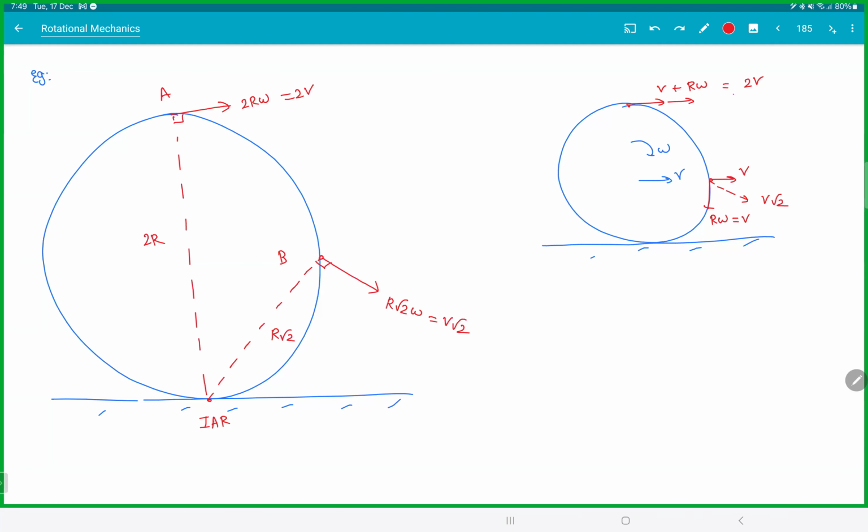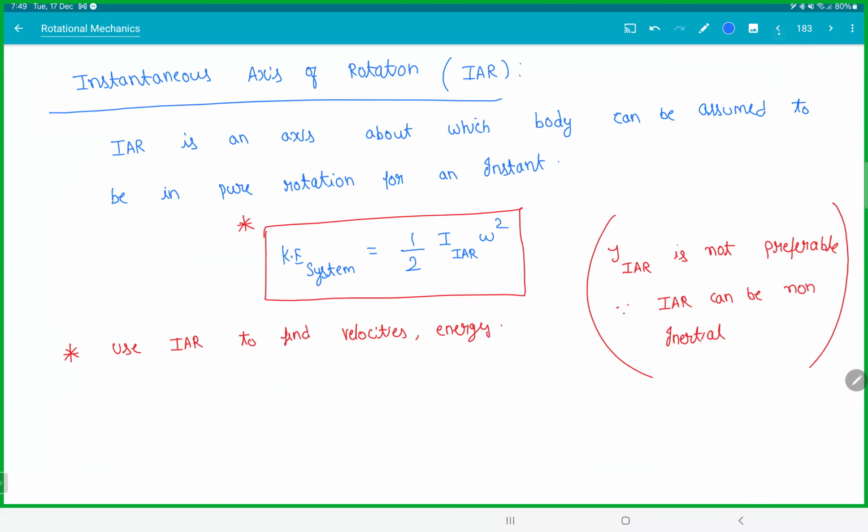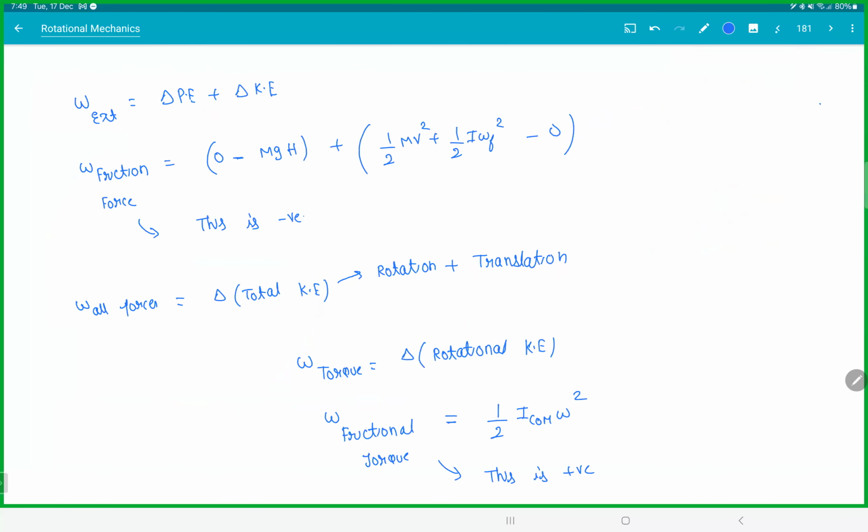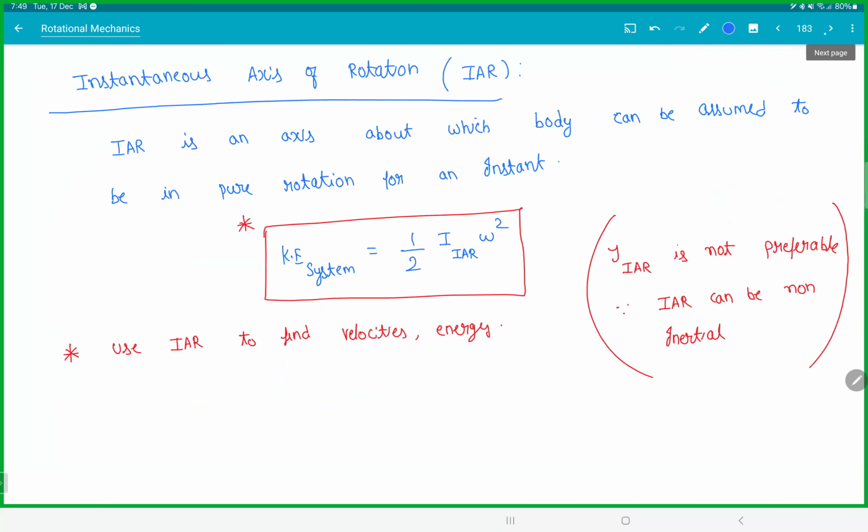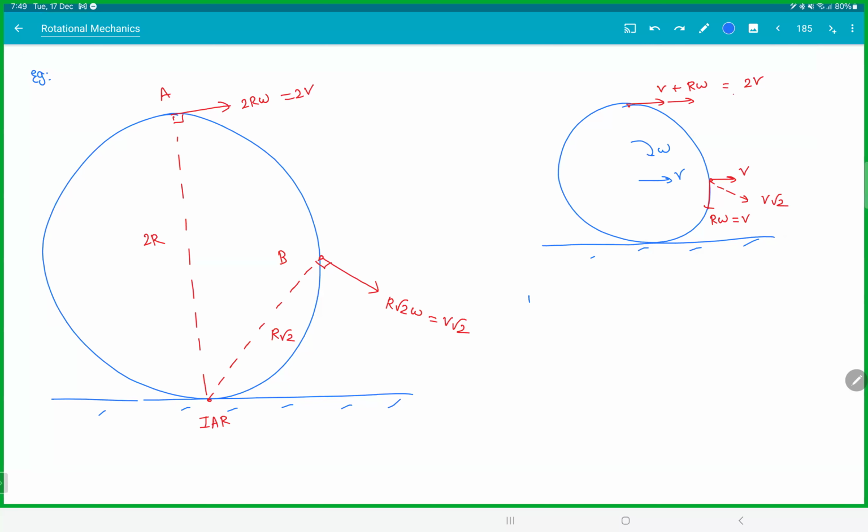Okay. So let's see a question on this. In the same way, suppose if you want kinetic energy, if you take about IAR, see what will I get? Half I_IAR omega square, but I_IAR is nothing but I_COM plus MR square.